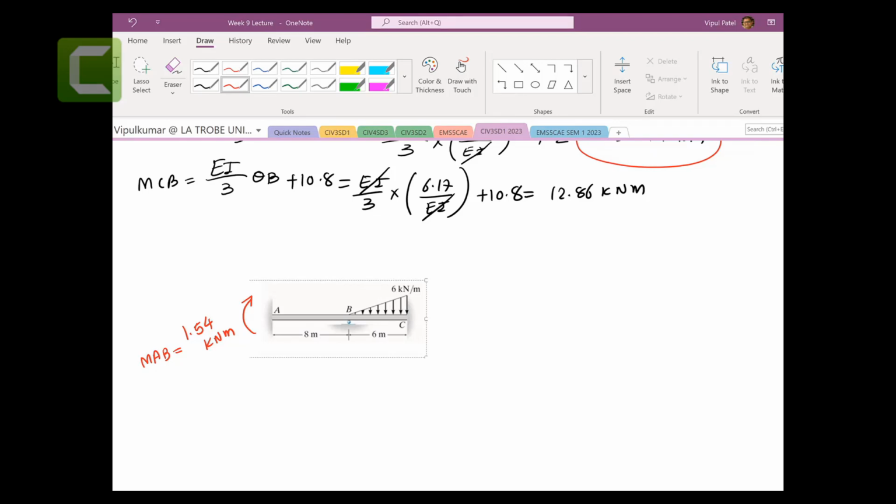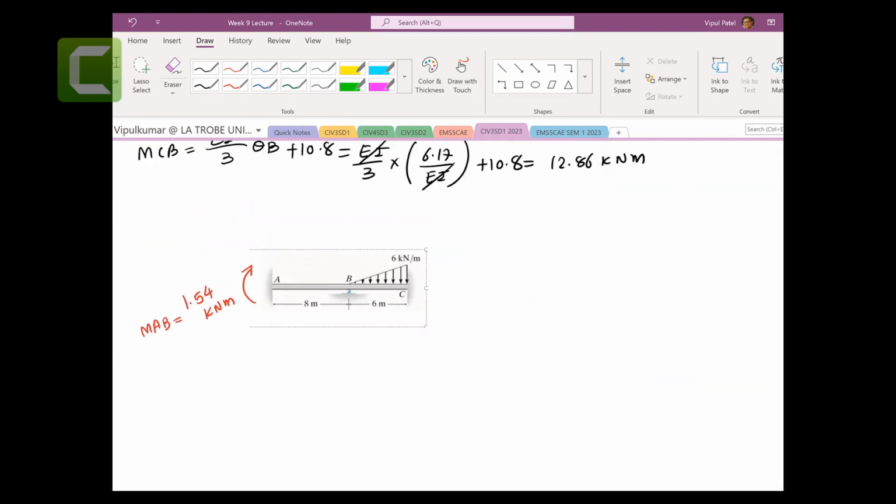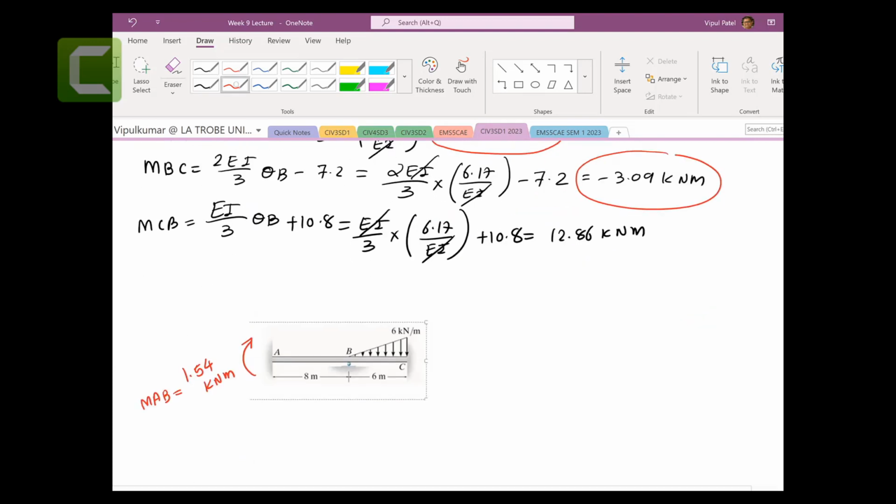All right, so now 1.54 clockwise. Then we have 3.09 positive, so it's clockwise. This is clockwise, and MBA is 3.09 kilonewton meters.